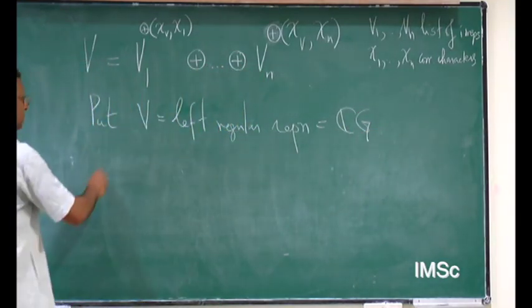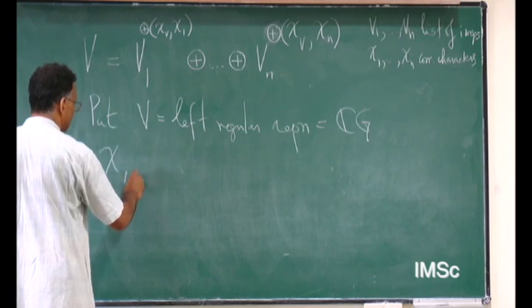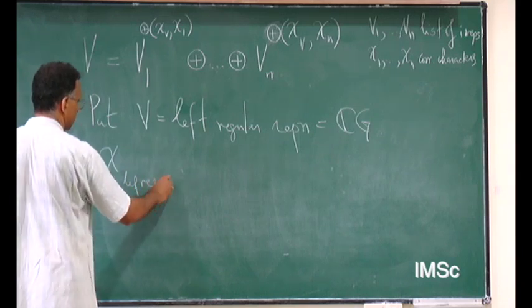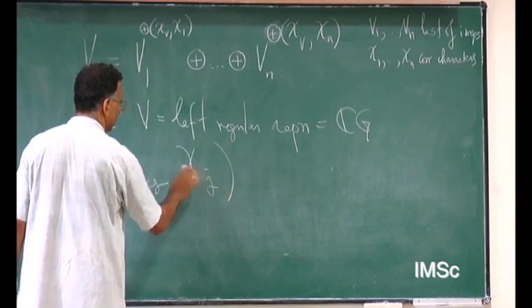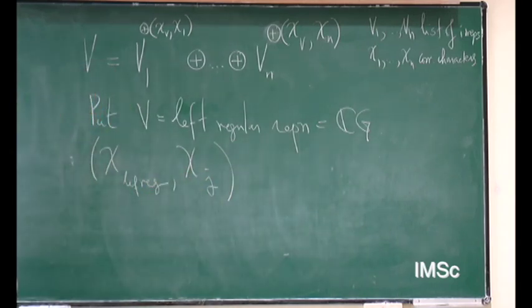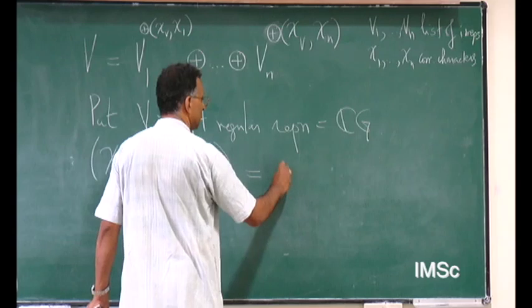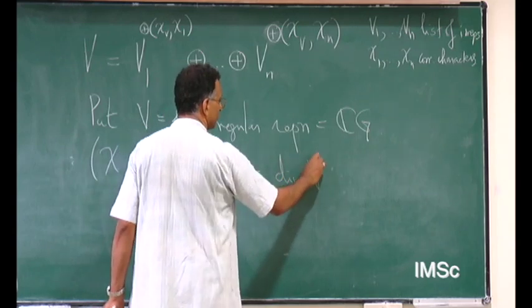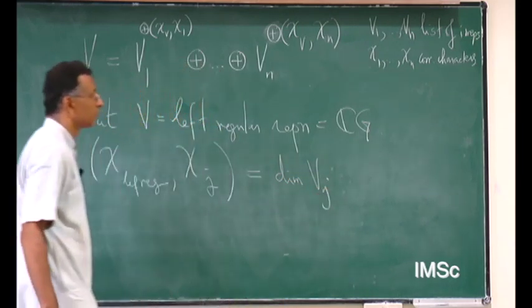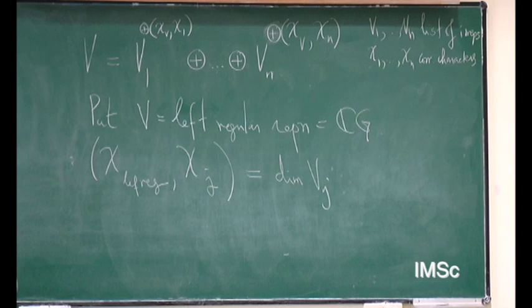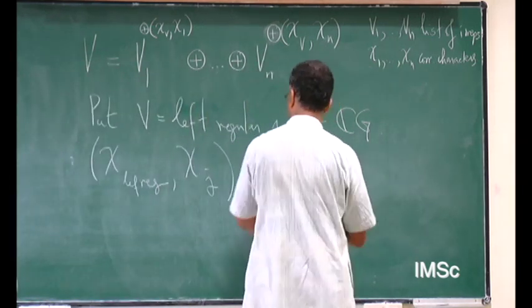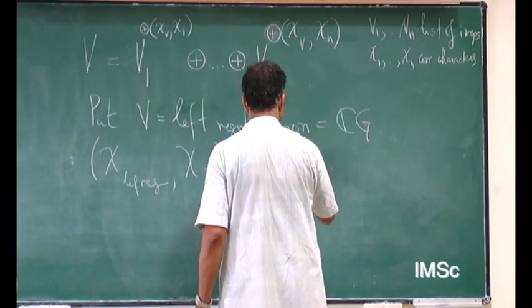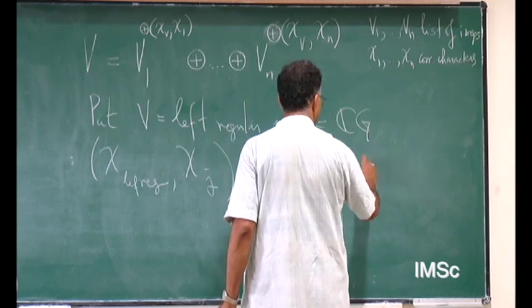Then we saw that the inner product of chi left reg with chi j, if you compute this, was equal to the dimension of Vj. Or you can write one more step, chi j of 1 is equal to the dimension of Vj.